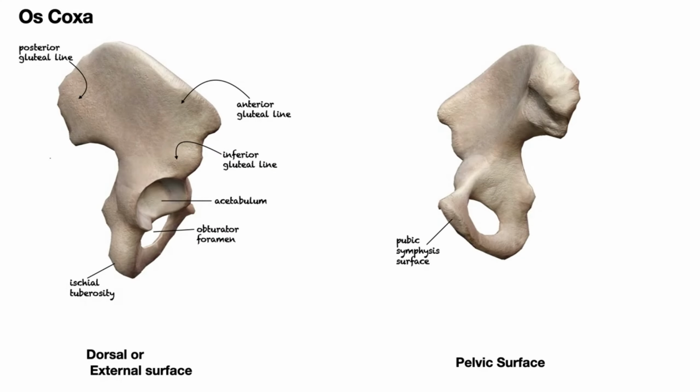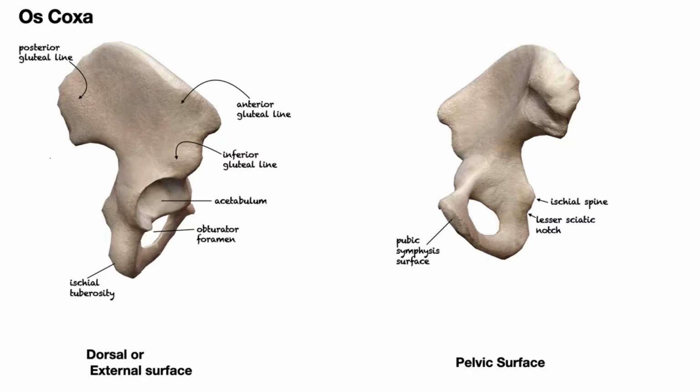Okay. How about here? You see that little arrow there flashing. That's right. Lesser sciatic notch. Lesser sciatic notch. How about here? Yes, ischial spine.